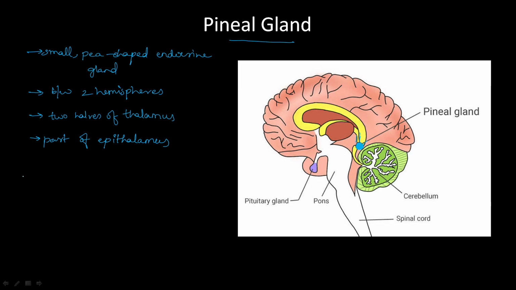The main hormone released by the pineal gland is melatonin, and the main function of the pineal gland is to regulate the body's circadian rhythm.